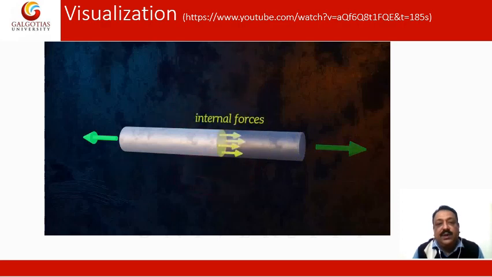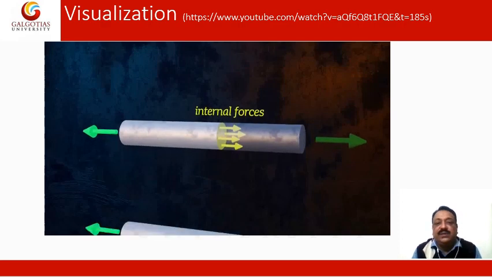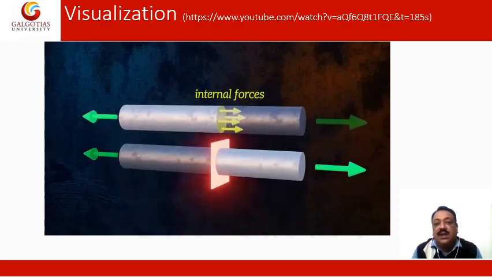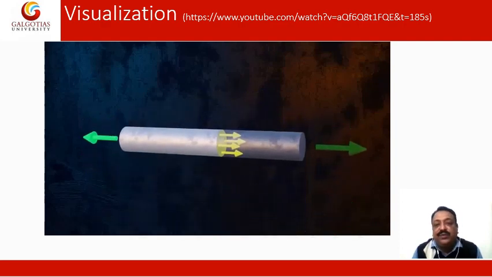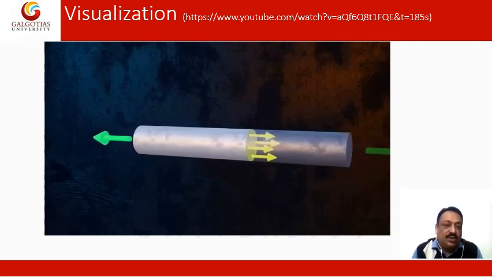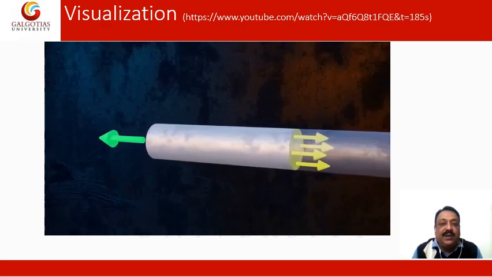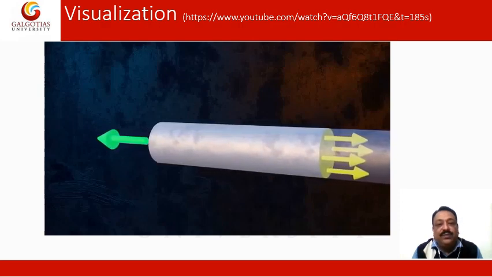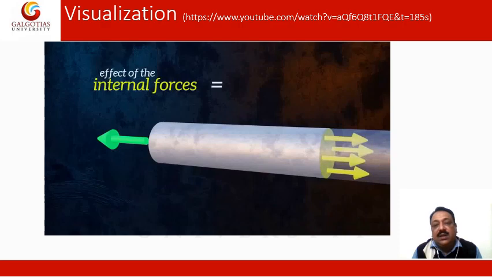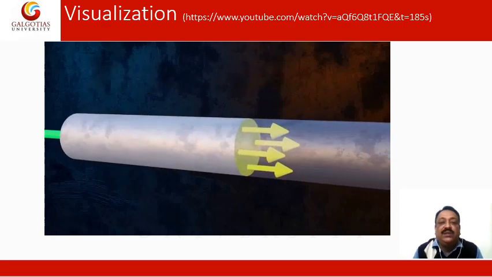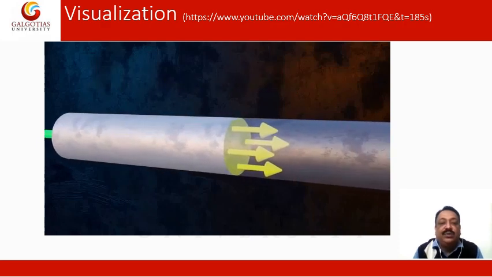If you cut this body by an imaginary plane, you will see the yellow interatomic forces, named cohesive forces, trying to resist the green arrow in the opposite direction. If you see the other part of the section, the same is the story there. So, for equilibrium, the green left arrow shown on the screen should have a magnitude equal to the internal yellow forces.